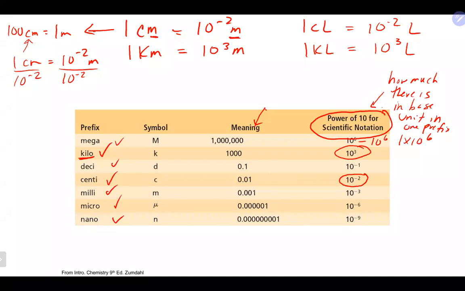Some people use the bigger numbers in those conversions, which is perfectly fine. In most books and tables, you'll see the 10 to the 6, 10 to the minus 3 version, which is how much there is in the base unit in one of the prefix units.